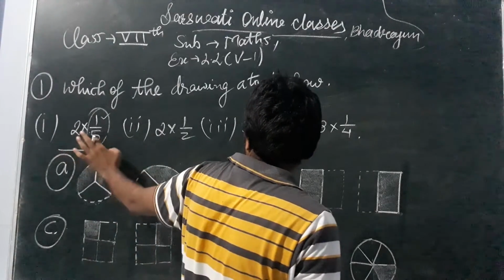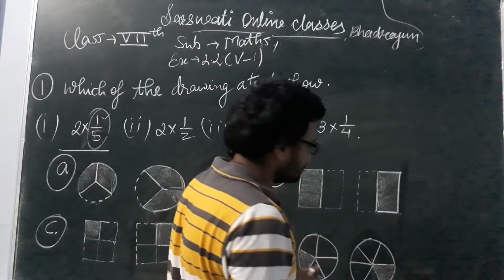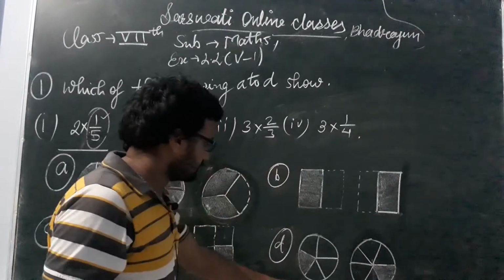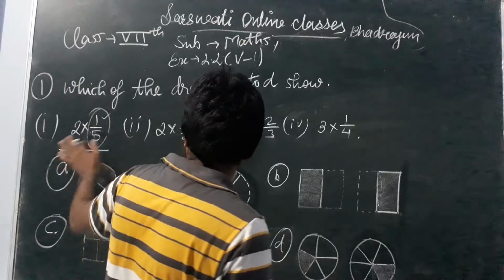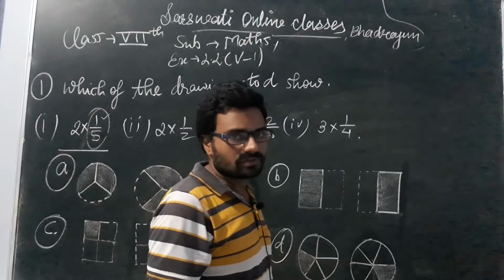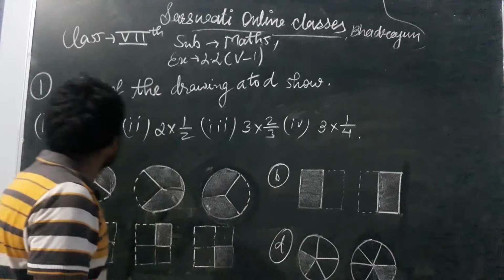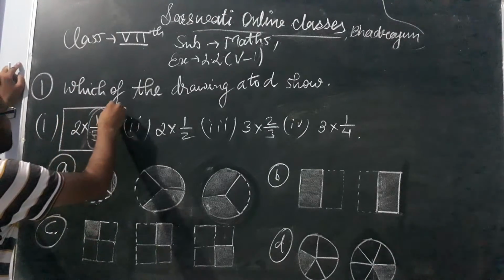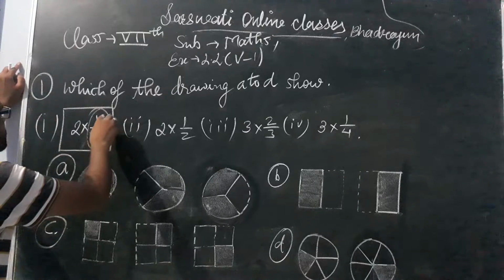And when we will multiply 2 by this one, then here we are seeing there are 2 figures. So this is 1 by 5 and 2 into 1 by 5 is, this is 2 times. Okay, this is a clear figure for 2 into 1 by 5.